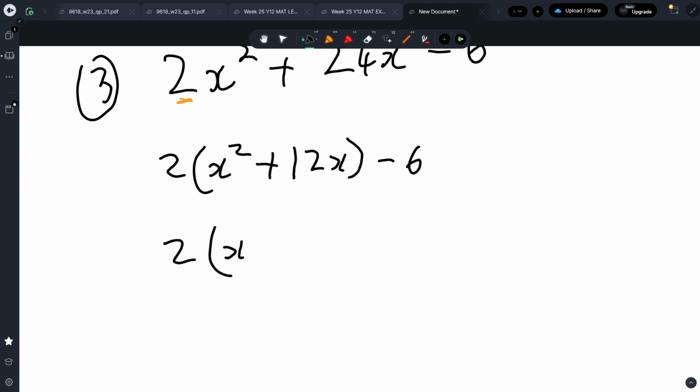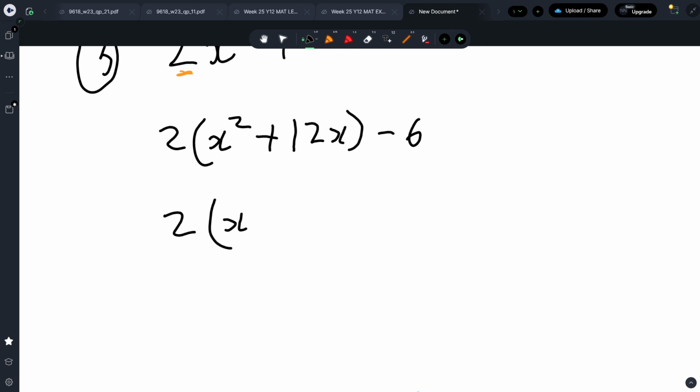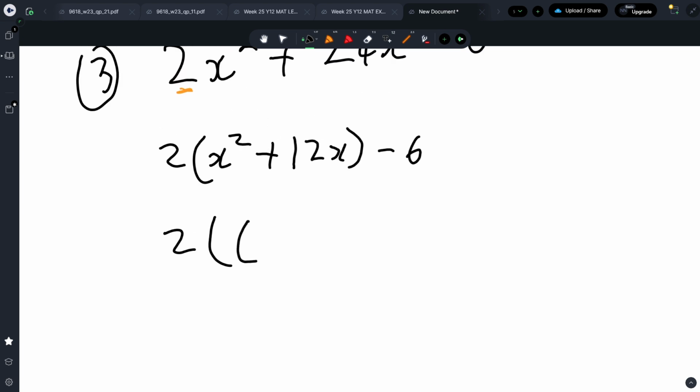So 2 times (x plus 12 over 2) squared minus 12 over 2 squared.